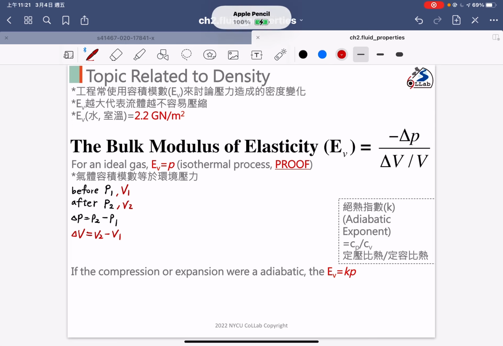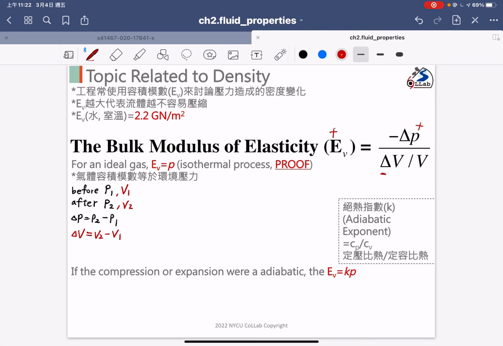As I mentioned, P2 is larger than P1, right? So we do the compression. So that means maybe V2 is less than V1, right? If you compute the delta V, it should be a negative value. So that's why there is a minus here. Because the bulk modulus is always positive, and the delta P is also positive, but the delta V is negative.